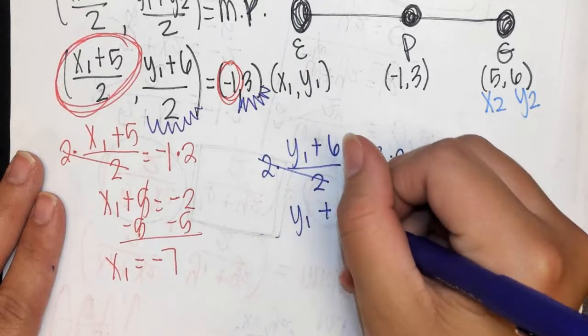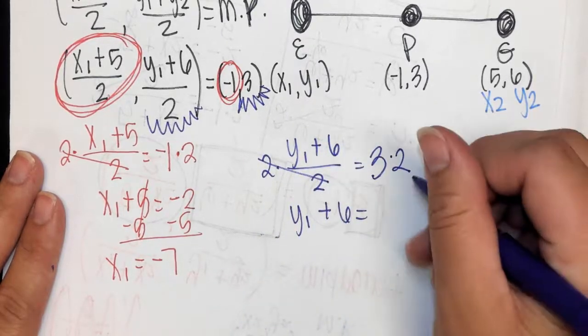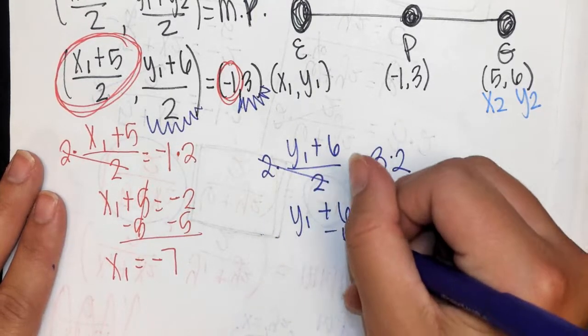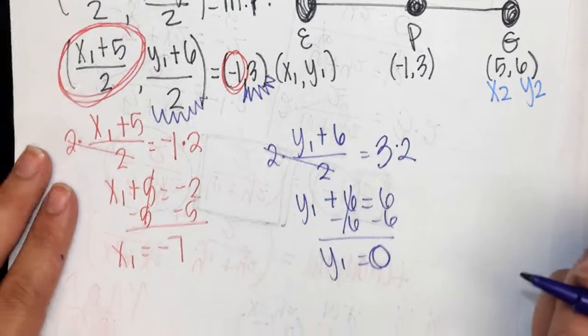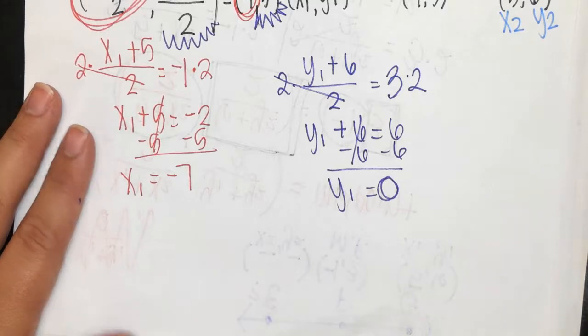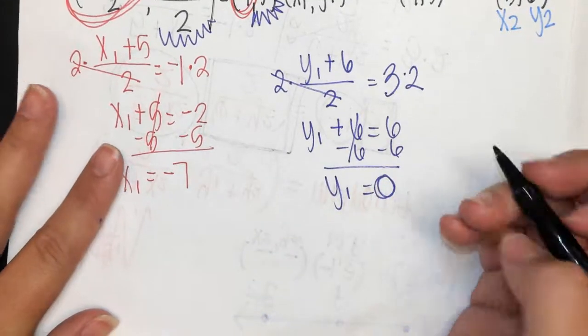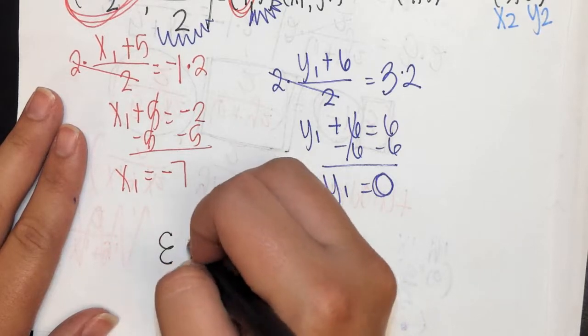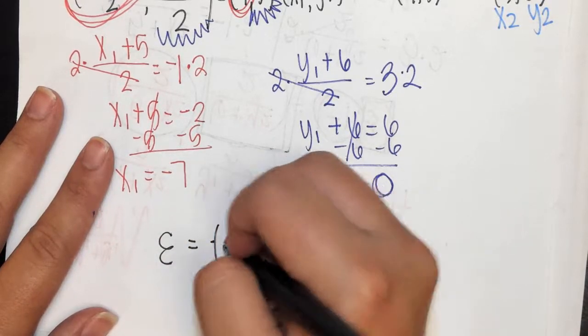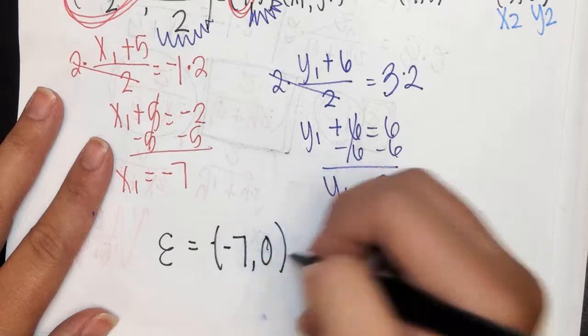Y sub 1 plus 6 equals 3 times 2 is 6. Subtract 6. So y sub 1 is equal to what? 0. Am I done? No. Put it all together. What comes first, x or y? X. I'm solving for point E, so E is equal to negative 7, 0.